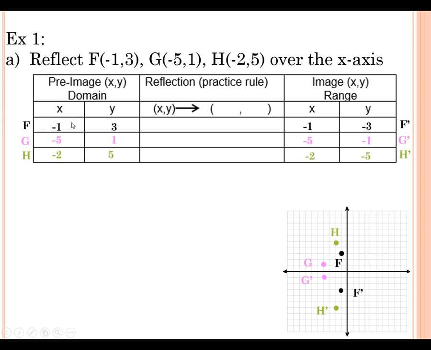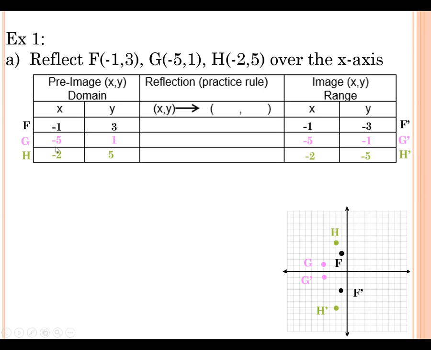And then looking at these points, I asked the students in class to see if they noticed a pattern for how we could get from the pre-image points to the image points without having to flip over a piece of patty paper to figure out where it would land. So let's see here. F was (-1, 3), but then it became (-1, -3).